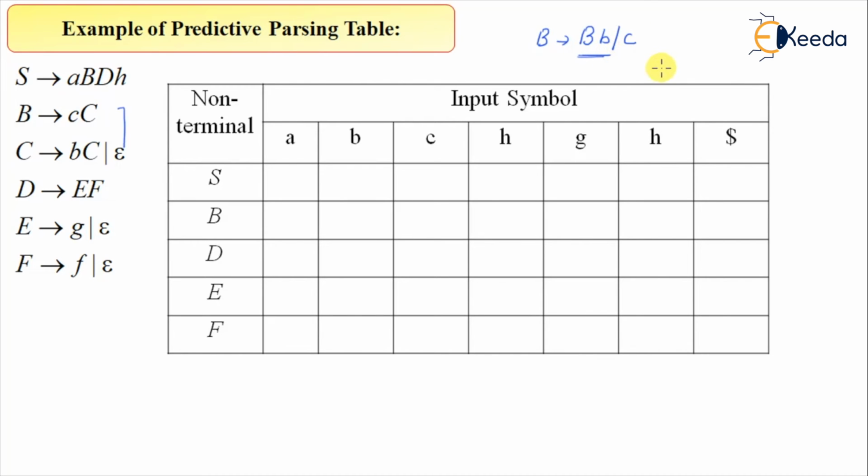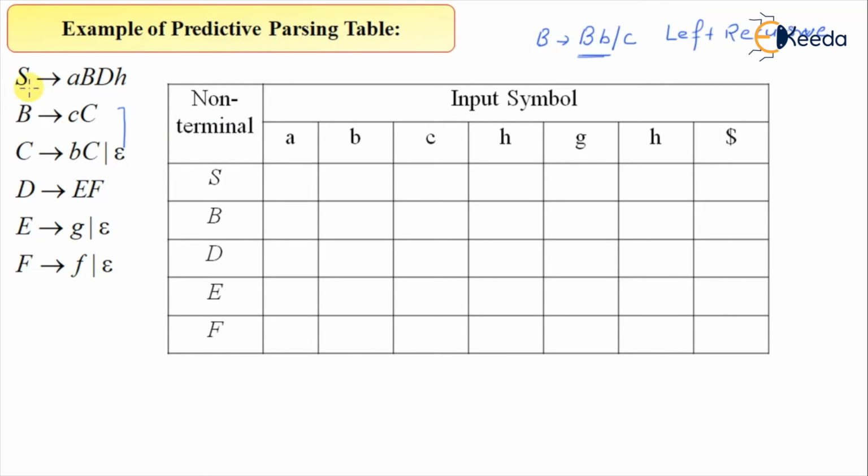It is a left recursive grammar, and I told you previously that it is not possible for a top-down parser to parse a grammar which has left recursion. So let's fill the table entries over here.